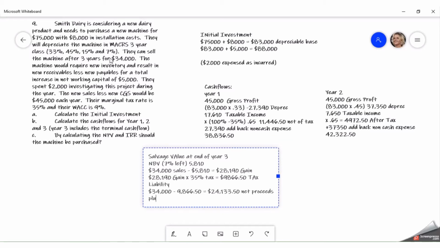And then plus we will get a return of the net working capital. And our net working capital, again, go back up to it, was $5,000. So our total is going to be $29,133.50 as our terminal cash flow.